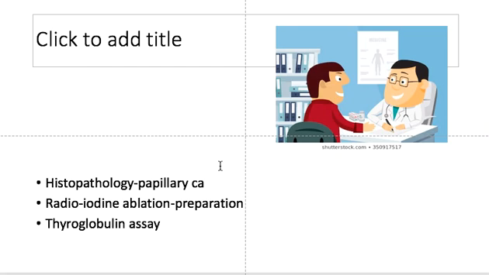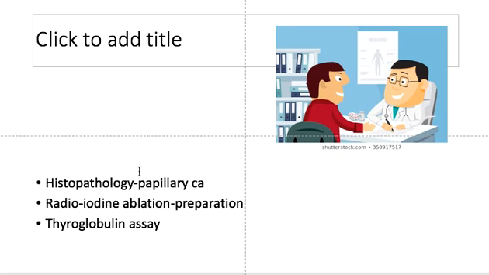Now, differentiated thyroid cancer, people after total thyroidectomy, they undergo radioiodine ablation, because most of these people, even though we do a total thyroidectomy, there can be some residual tissue in the thyroid bed, and also there can be a few micromets.